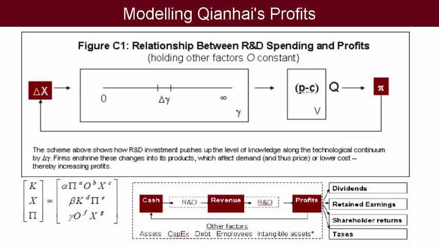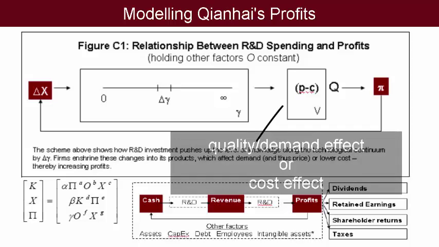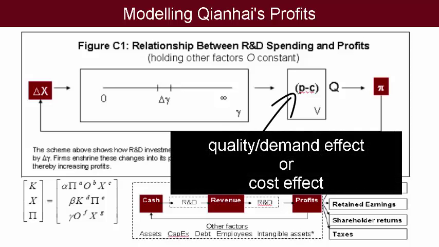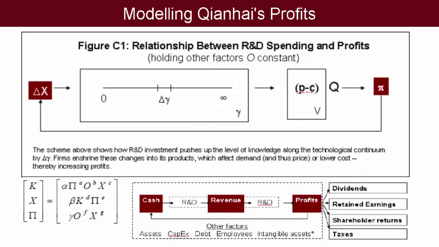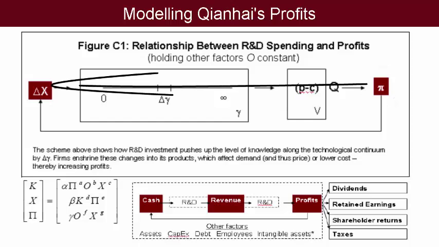The effect of moving up this technological continuum would be either to increase market prices or decrease production costs. Such an increase in price or decrease in cost would thus reflect in the firm's profits. Increased profits naturally generate the investable funds needed to engage in more R&D.